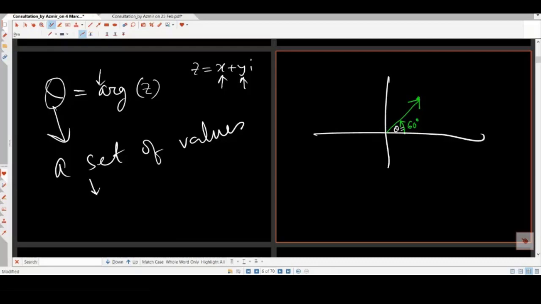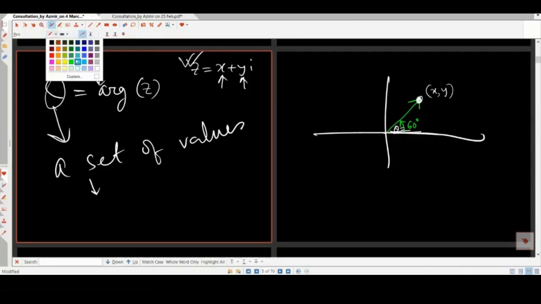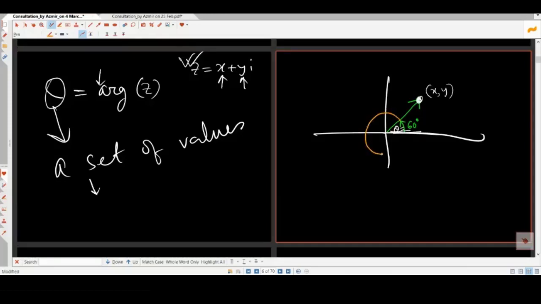So whenever we are coming from the positive x-axis to this green colored line, we are getting this point. Let's say this is x comma y, which is the complex number. So the same point can be found if we make a rotation with 360 degree.